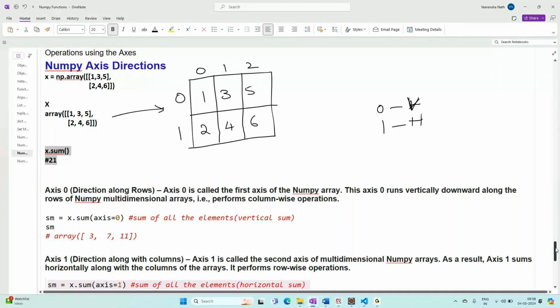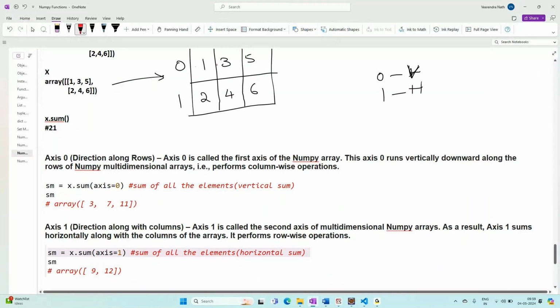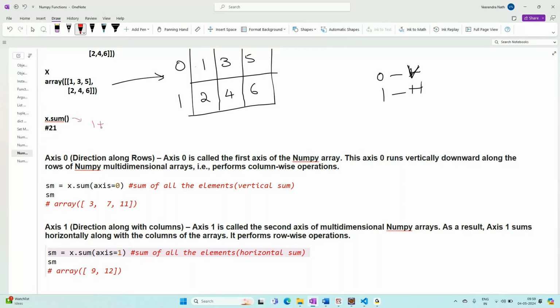Because it is adding all the elements: 1 plus 3 plus 5 plus 2 plus 4 plus 6. 1 plus 3 is 4, 4 plus 5 is 9, 9 plus 2 is 11, 11 plus 4 is 15, 15 plus 6 is 21. So that is the answer.